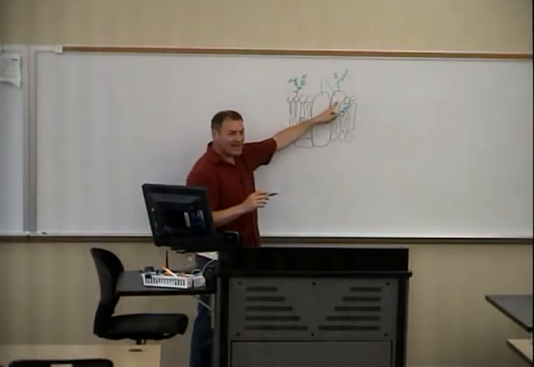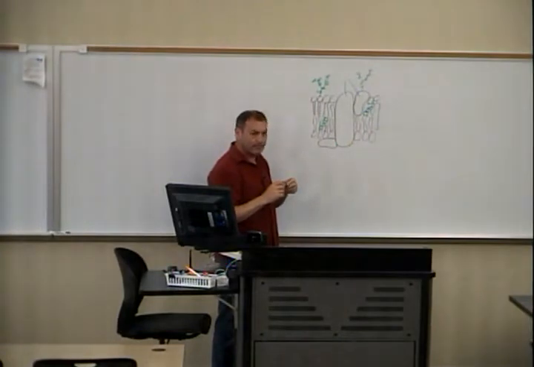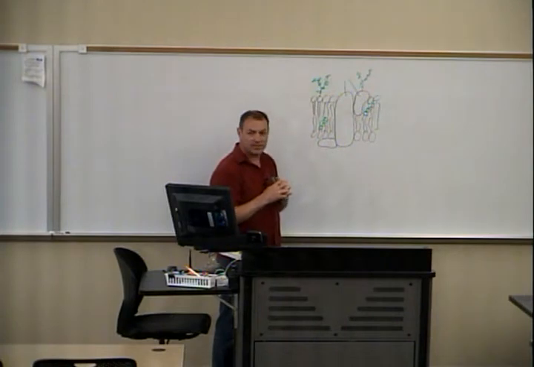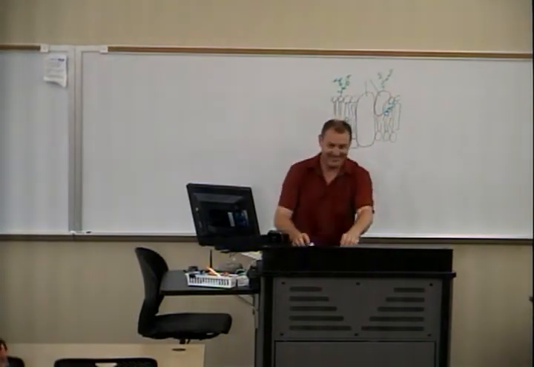This one doesn't span it, so it's not a transmembrane protein. Good? So if I gave you a diagram just like this and asked you to label it, you could label it.